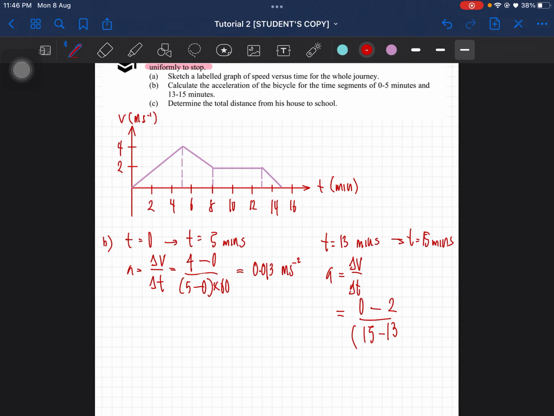Okay, and multiply this with 60. So you will then get the value negative 0.017 meter per second square. Okay, we do this because some of you will think the 0 is 1. Okay, so that is the solution for question B.